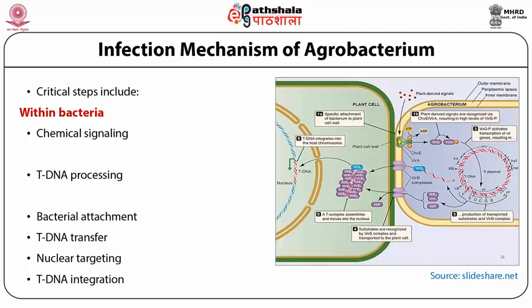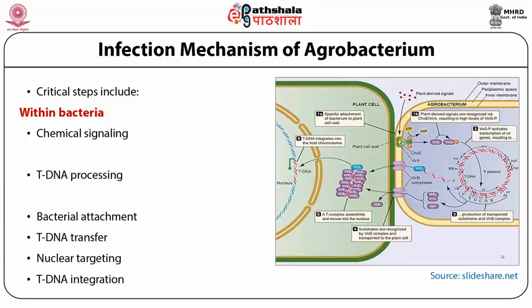This also combines with plant-derived factors which interact with the Vir-E protein. The Vir-E protein as well as the Vir-D protein have nuclear localizing sequences which help target this tDNA to the nucleus of the plant through nuclear pore channels.